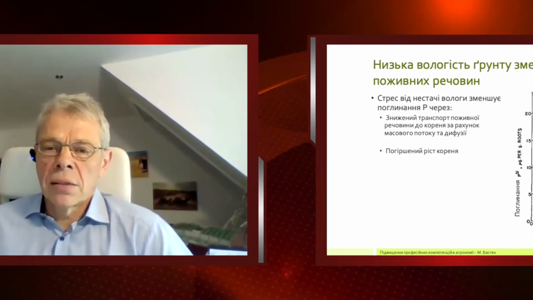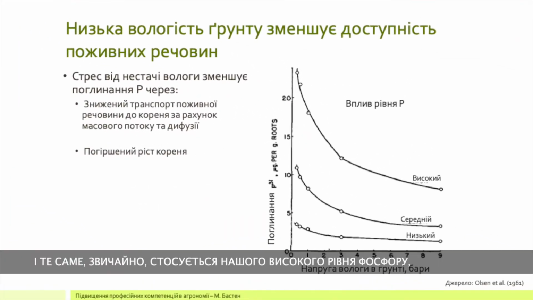So let's look at medium. If you have a medium phosphorus supply and high water stress, the crop is still capable to take almost the same amount of phosphorus up compared to, let's say, a low phosphorus supply where we have hardly any kind of water stress. And the same applies, of course, for a high level.